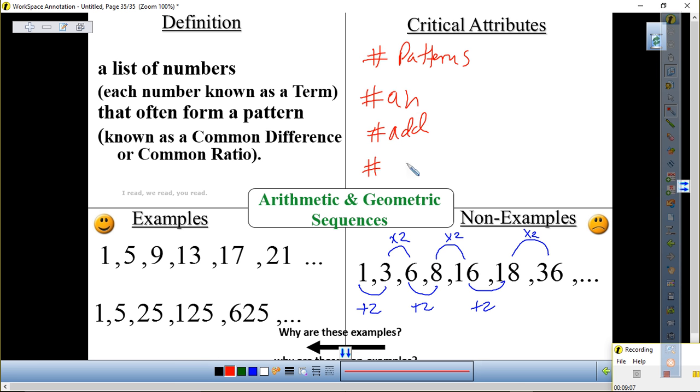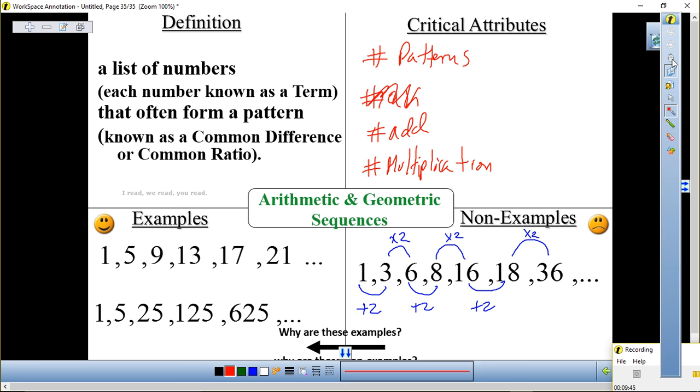Hashtag math. Hashtag, that was a cop-out. Who give me one more? Sebastian. Hashtag multiplication. Anything else? Julian. Hashtag yellow submarine.